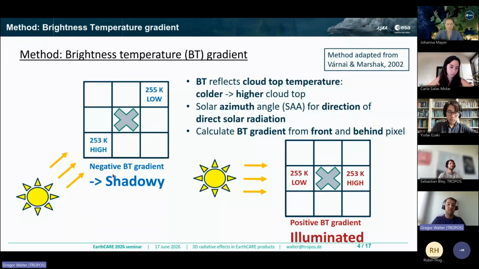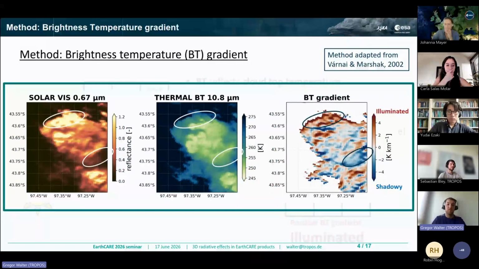Now here two examples. If the front pixel indicates a higher cloud top than the behind pixel, we have a slope tilted away from the sun, so a negative brightness temperature gradient, and we assume a more shadowy area, and opposite then to get an illuminated cloud hill. And yeah, here the example from before, we can see with the brightness temperature gradient illuminated pixels and shadowed ones.